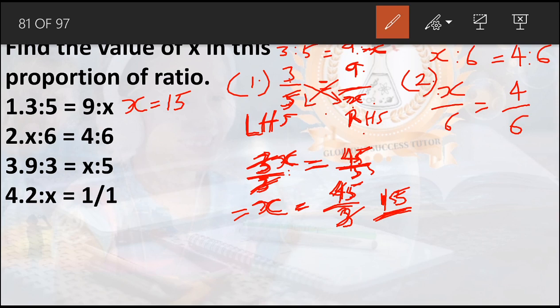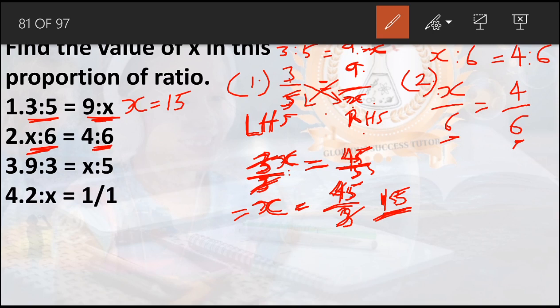It is too cheap. The value of x is nothing but 4. Yes. The denominator is the same and the numerator is also the same, especially in proportion. That's what we are talking about. What is on the left hand side of a ratio is proportional to what is here. Do you understand it now?